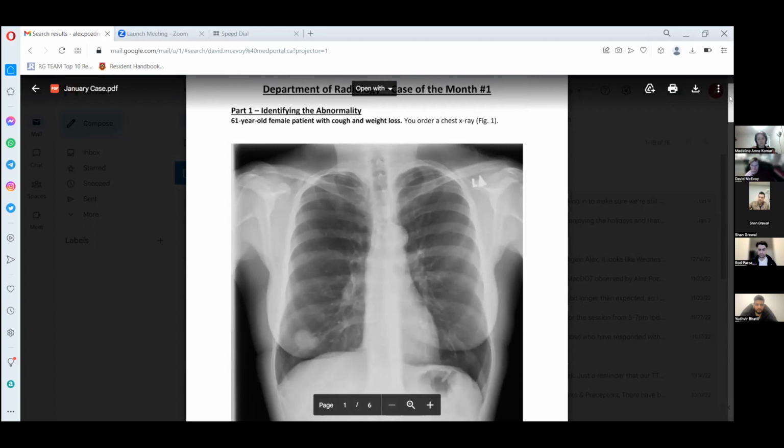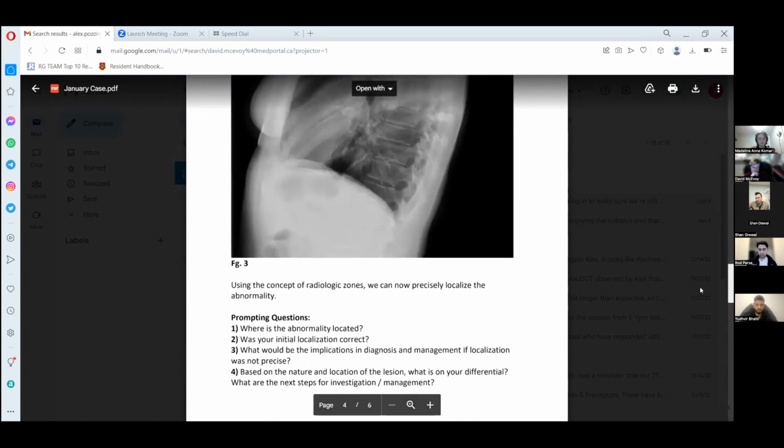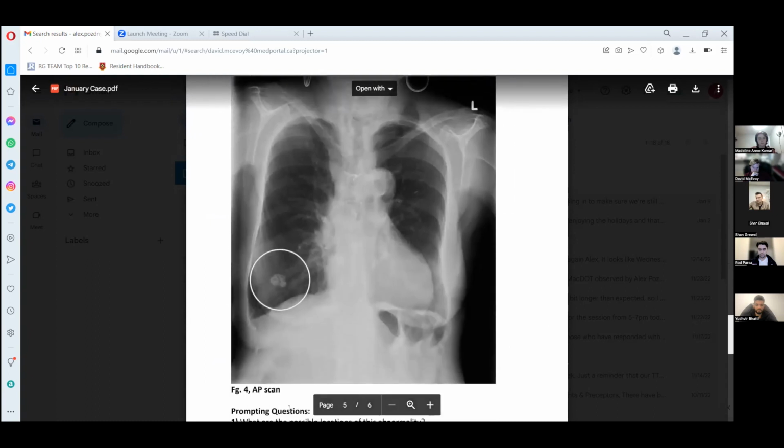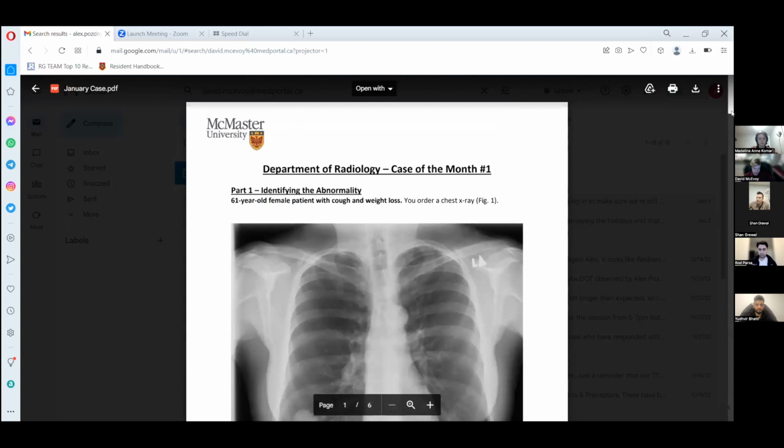If you think about it from the physics perspective, the heart produces the least amount of magnification bias because it's so close to the plate, like the film against which the patient is standing. But here, if we notice, this is actually an AP scan that is mentioned in the description here. So probably what happened is, oh, sorry, I keep clicking on the wrong side.